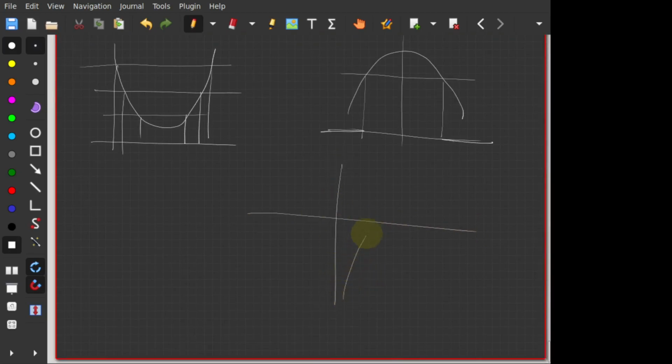So something which is increasing but concave. So in this case, what are the level sets? Yeah, so they're all line segments.